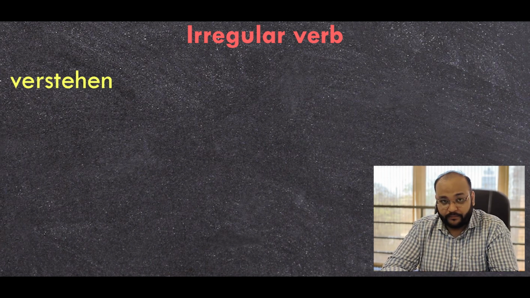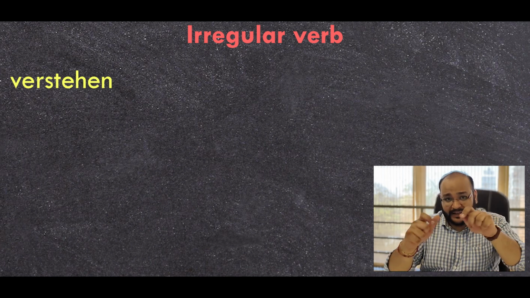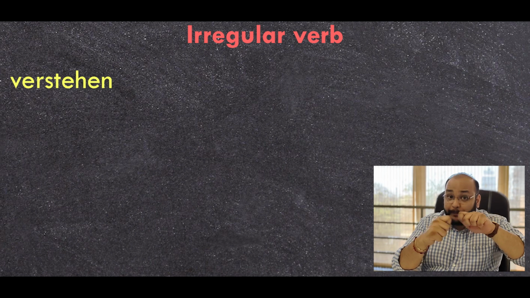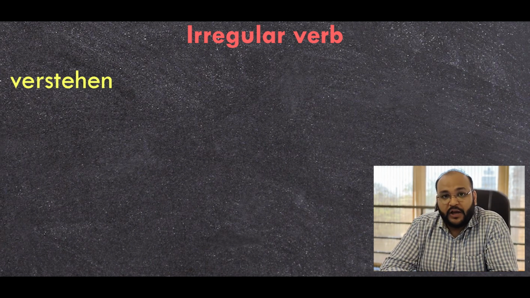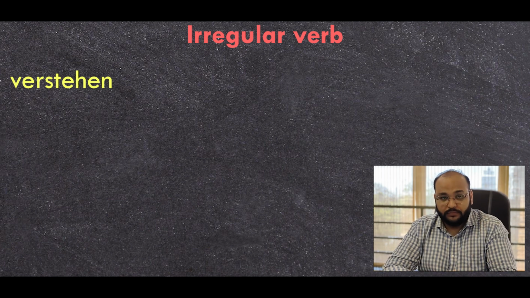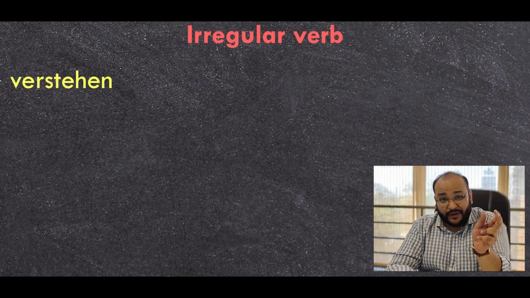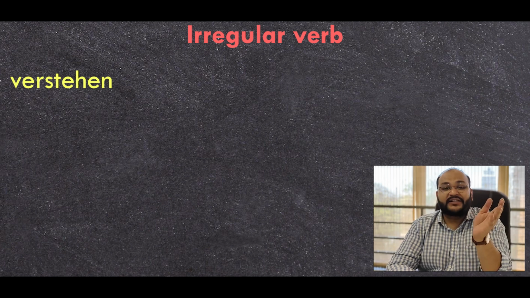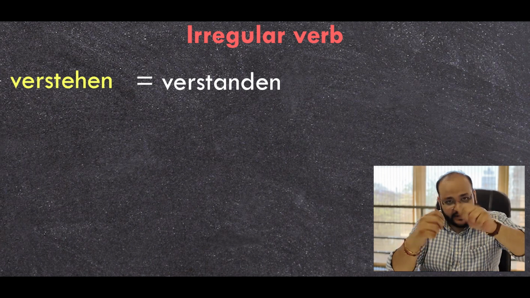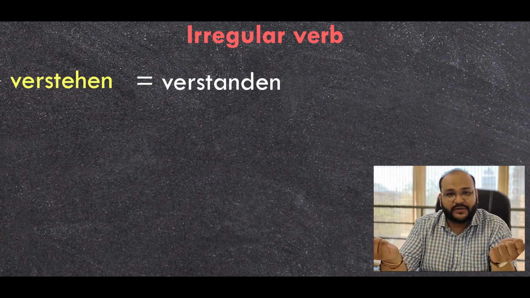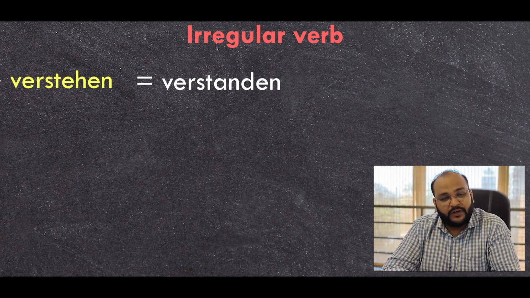But since ver is not a separable prefix, I cannot separate it and put ge in between. So I have to let it go. So instead of becoming vergestanden, it will simply become verstanden, no ge. Because it's inseparable, it's not possible to separate it and put the prefix ge in between.